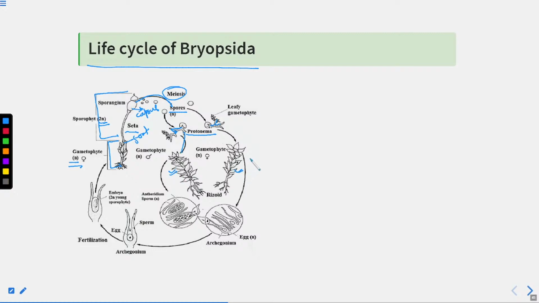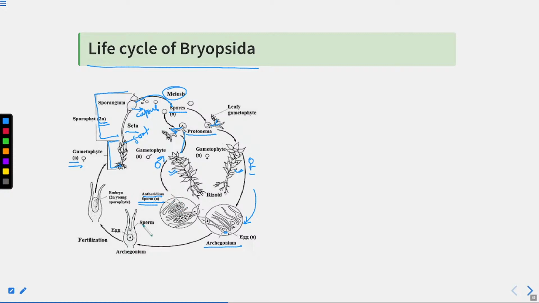Now the gametophytic plant can be female or male. So here you can see the antheridium and here you can see the archegonium. The female plant will bear the female reproductive organ archegonium, and the male plant will bear antheridium. Now antheridium gives rise to the sperm, that is antherozoids, and archegonium will bear the egg.